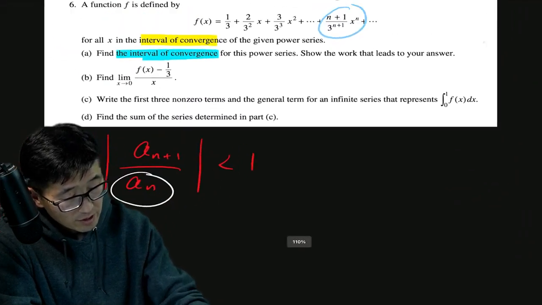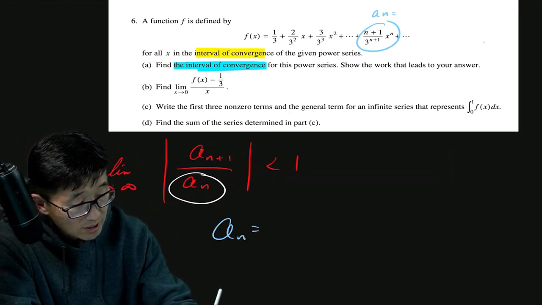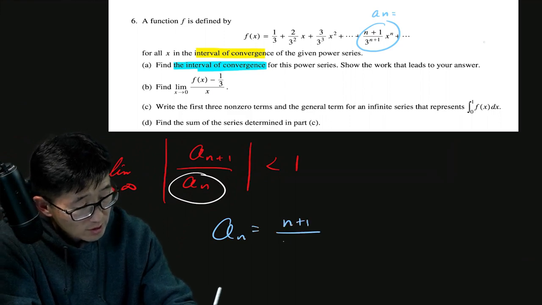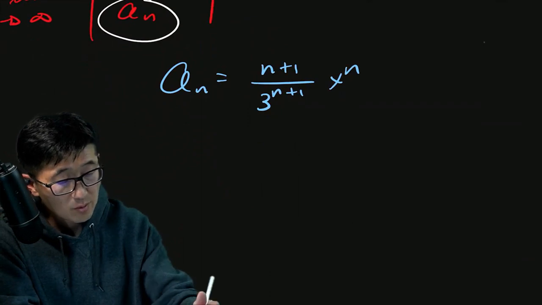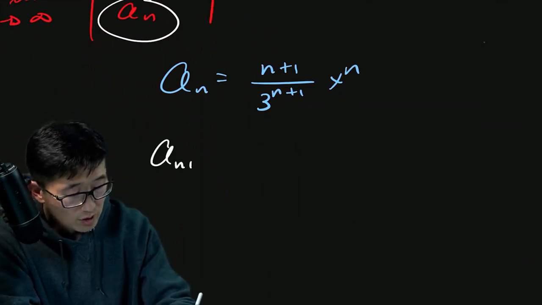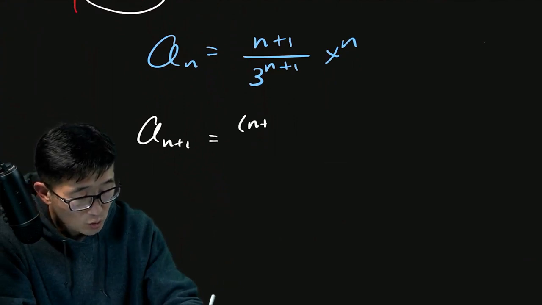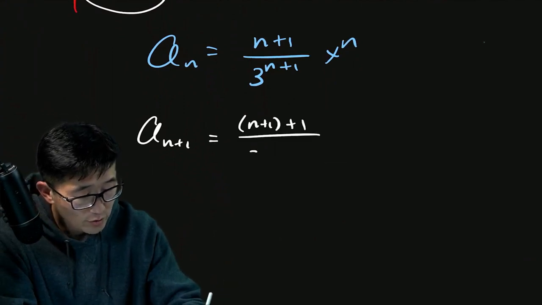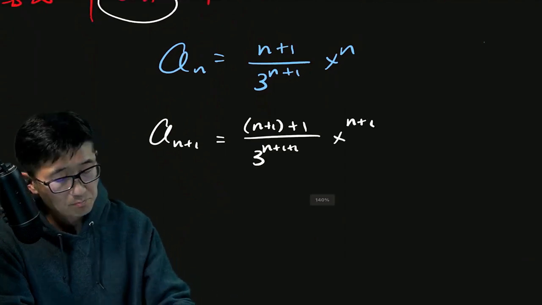So I'm going to write it right here: a_n equals (n plus 1) over 3^(n+1) times x^n. And then I need to define a_{n+1}, which is just the next term over. So this would be (n plus 1) over 3^(n+1) times x^(n+1).